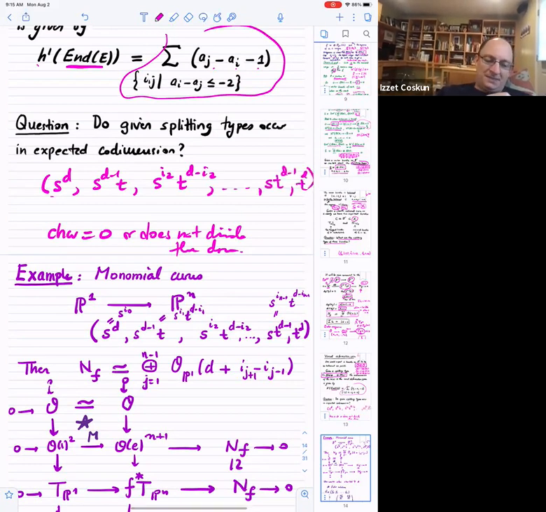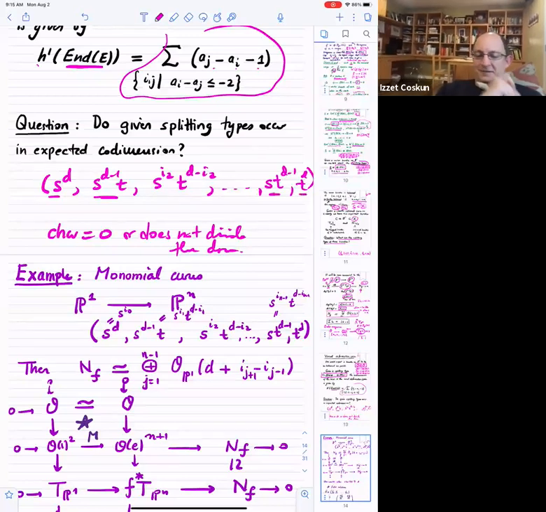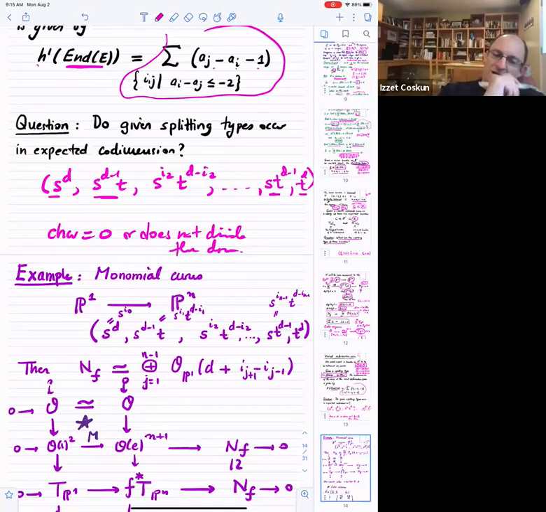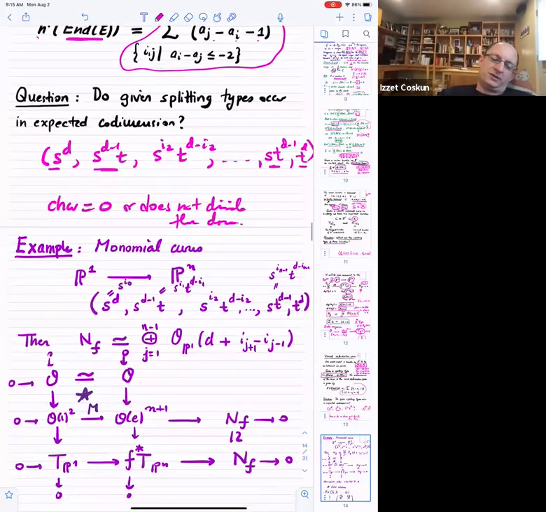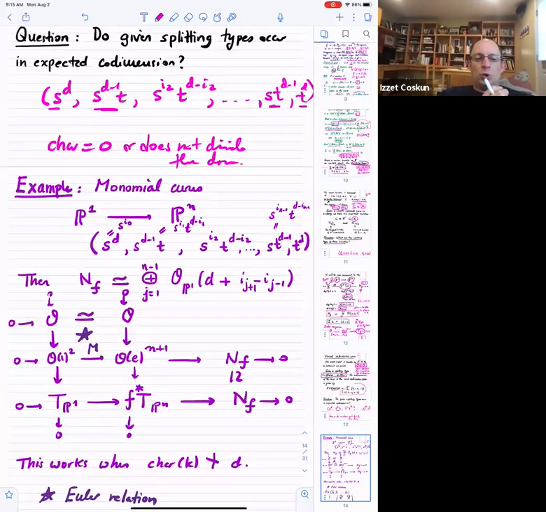The reason why I'm taking this to be s^d, s^(d-1)t, and st^(d-1), t^d is that I want to make sure that the curve is smooth. So you gave yourself some monomials like this, right? It's a degree d rational curve, and I want to know the normal bundle of this map.